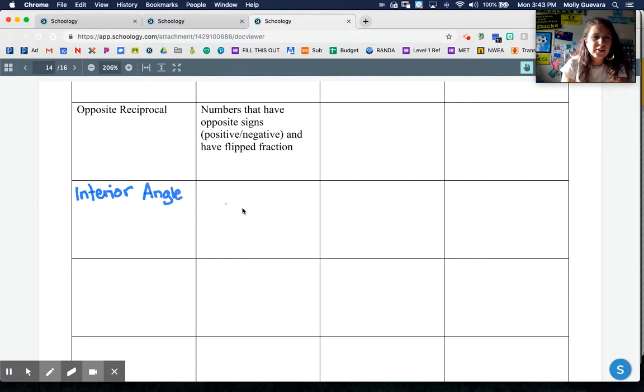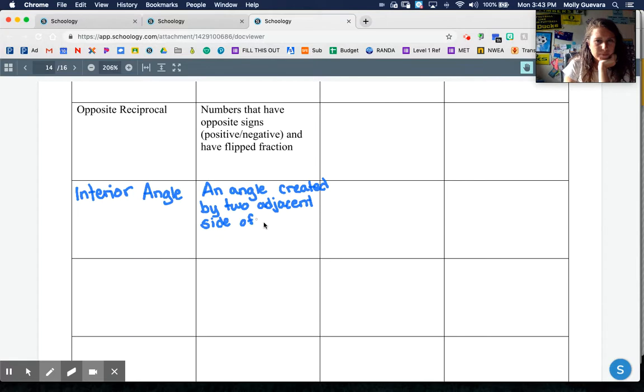An interior angle is an angle created by two adjacent sides, so two sides next to each other, of a polygon.